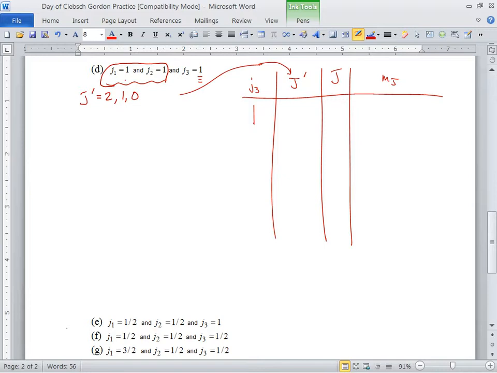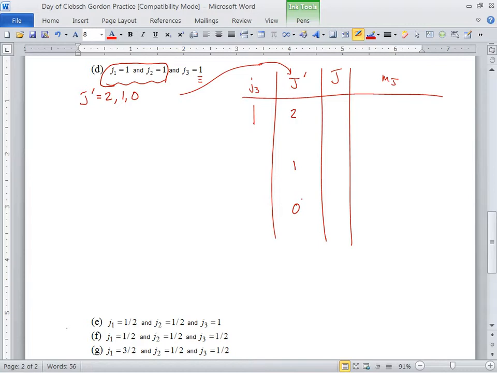That's why I call it J prime. So let's put those J primes in here: a 2, a 1, and a 0. How you read this table is that if nothing is written, that means J3 is right here, a 1. You can put 1s all the way down, it just looks uglier when you get longer problems, so I like just leaving it like this.